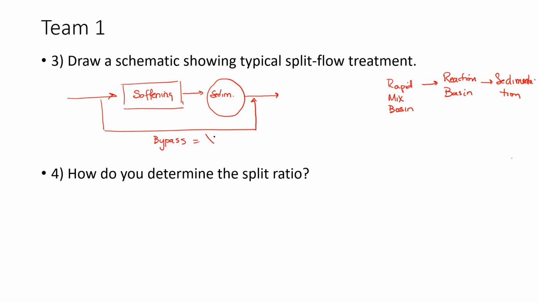We're going to label that bypass X. The amount of flow that we treat is (1 minus X) times Q. So we're treating a smaller flow than we would otherwise, which means we have a smaller reaction basin. We're adding less chemical, and we have less sludge that we're producing, so that reduces the cost of the sludge. So it's of significant benefit to the utility.